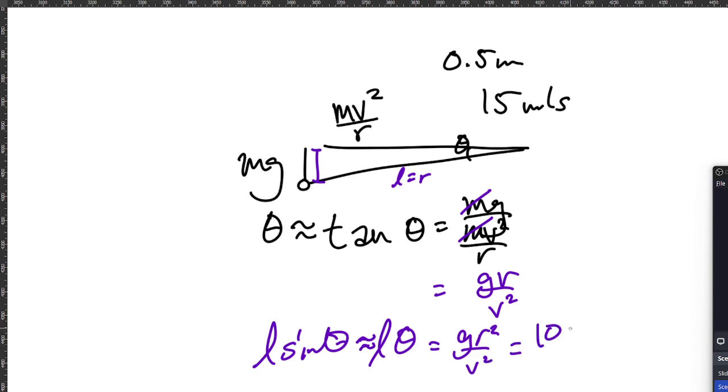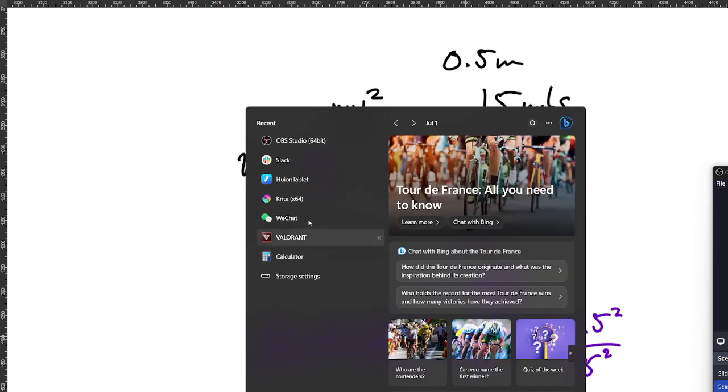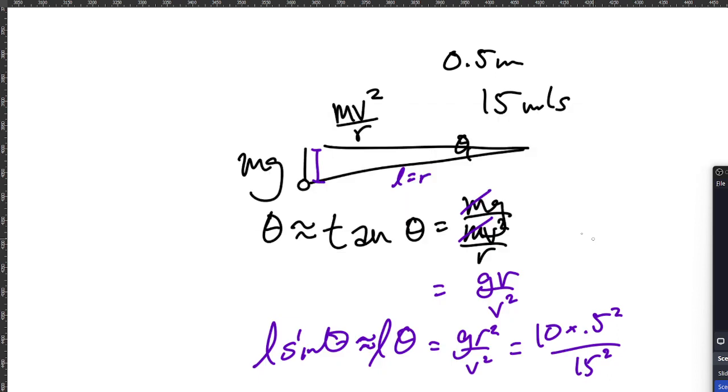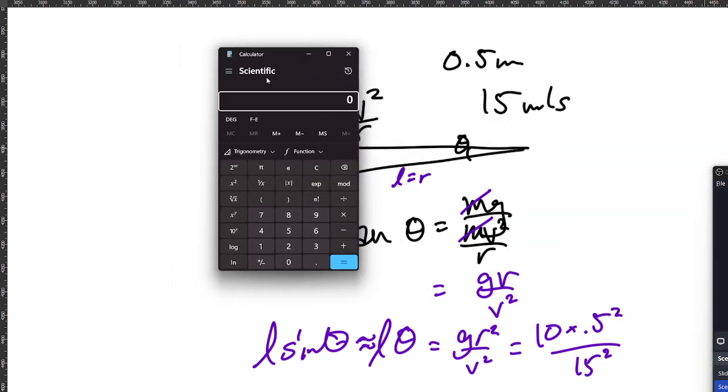Which is equal to 10 times 0.5 squared divided by 15 squared. I gotta plug that in. Calculator, here. So we have 10 times 0.25 divided by 15 squared, that's 225, I'm sorry.